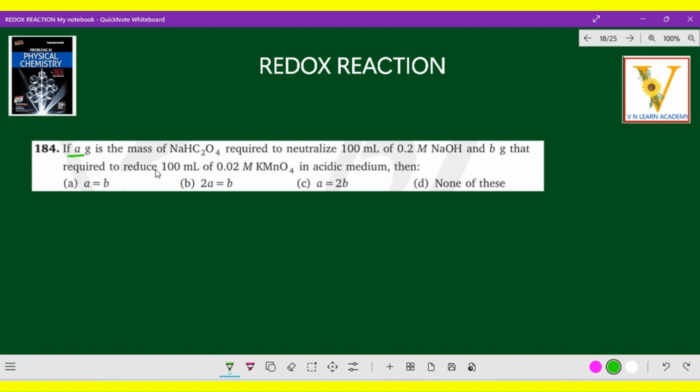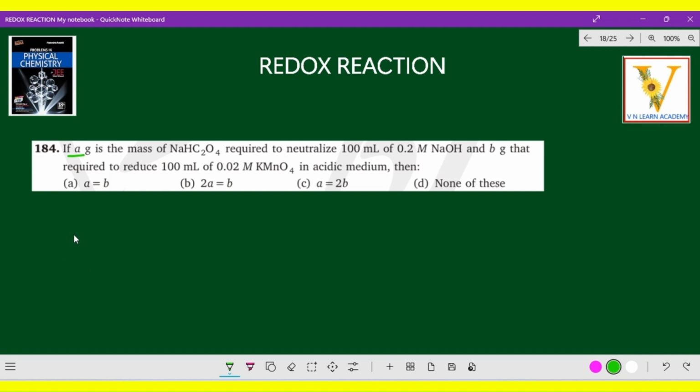Two reactions are available: one is an acid-base reaction, the other is a redox reaction. So we have to identify the moles ratio. The options are A equal to B, 2A equal to B, A equal to 2B, none of these. If we write the equation, we can identify the redox reaction as well as the equivalents, so we will find the number of moles ratio easily.